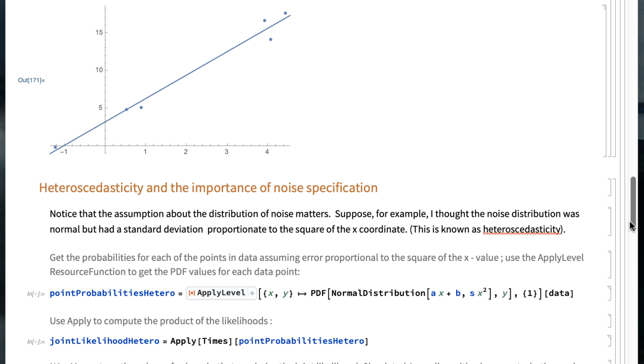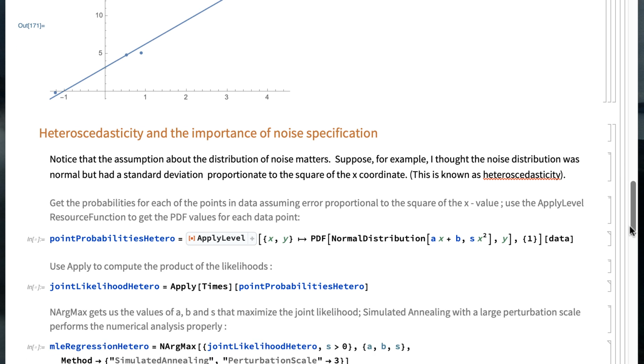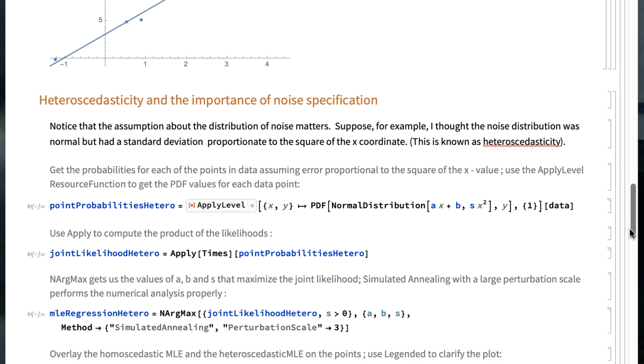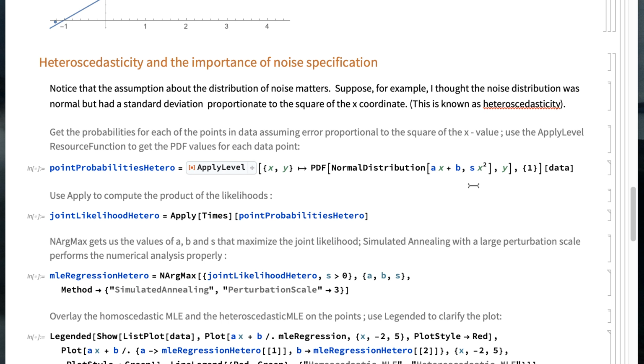So this is called heteroscedasticity, and what we're now going to look at is an example of that. So now let's assume that instead of the noise term just being s, it's some constant s multiplied by x squared. Okay, that the noise is proportional to the square of the x value.